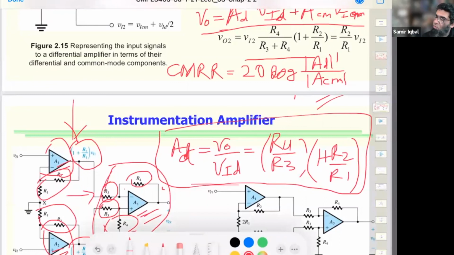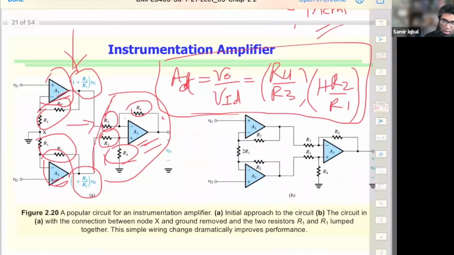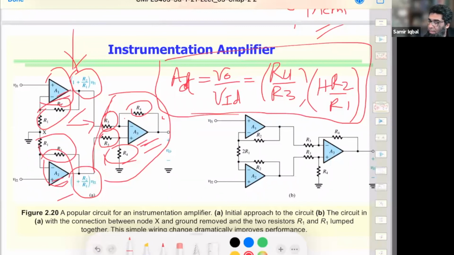The two amplified channels in the first stage have to be perfectly matched. Both of these have to be perfectly matched, because if they're not, there can be a signal between the two outputs, which can be taken as a difference of signals by the third amplifier, and that can become a problem.